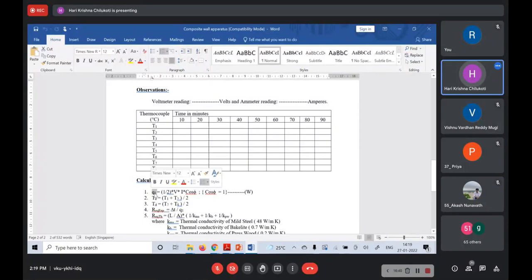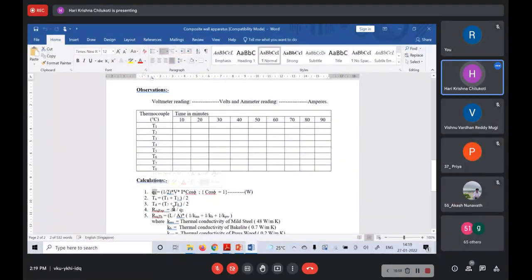Based on that assumption, we know Q, the heat transfer rate, and we have measured the temperature of the surface at the top as well as at the bottom. So these are two temperatures among the four that we are measuring.